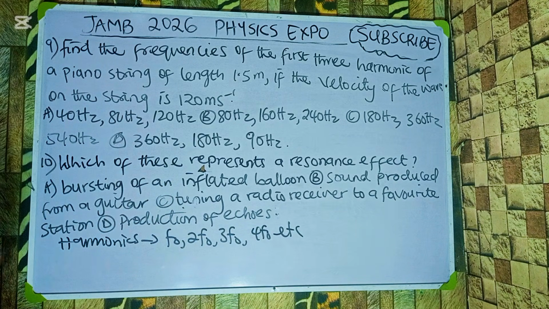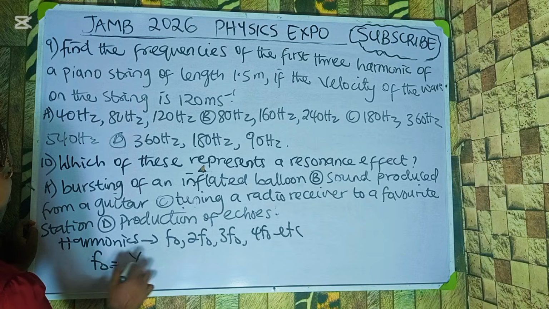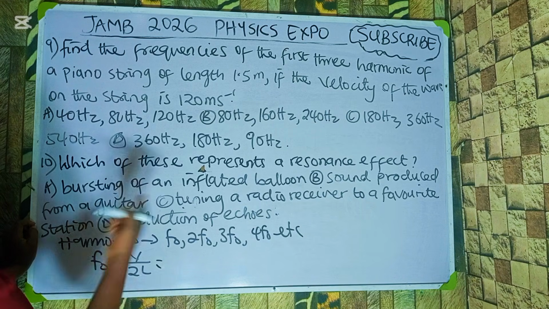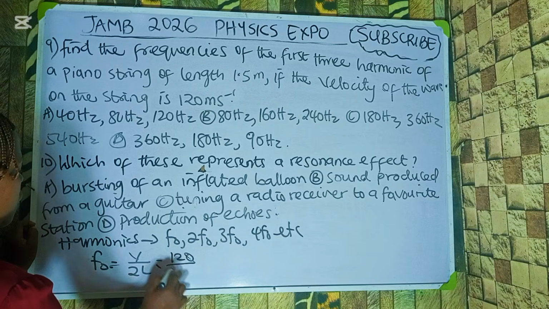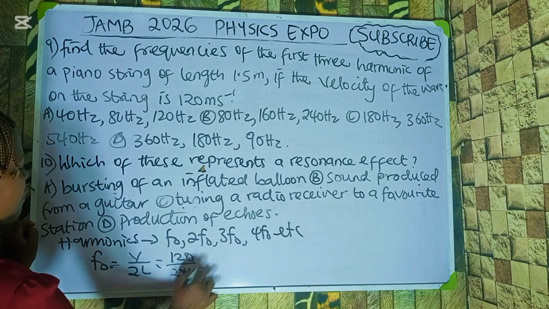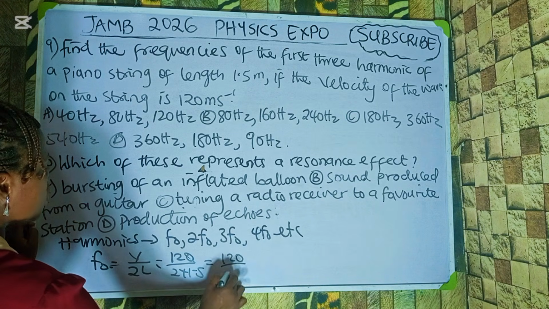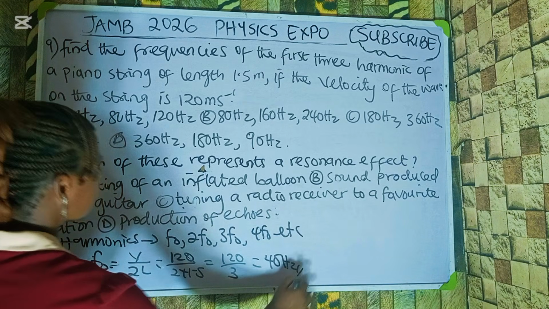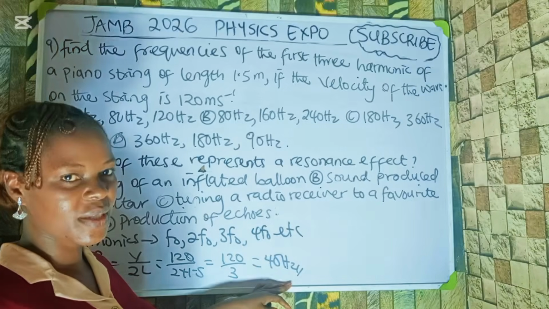Now let us get our fundamental frequency. The fundamental frequency of an open pipe, which is also a string, equals V over 2L, right? So my velocity is 120 all over 2 times 1.5, which is 120 over 3, which gives 40 Hz. Now this is the fundamental frequency.